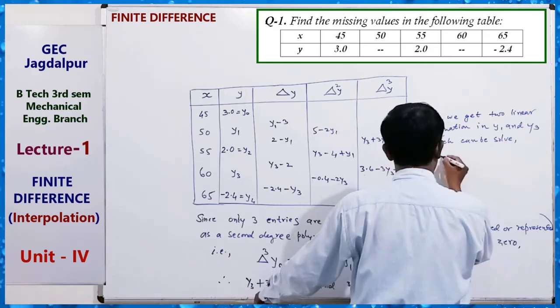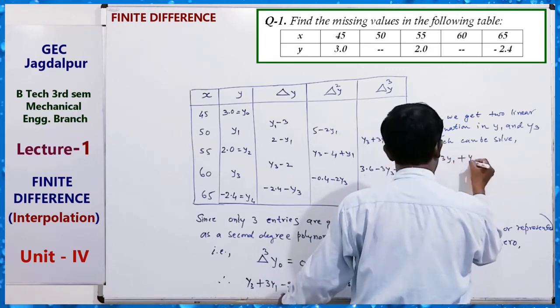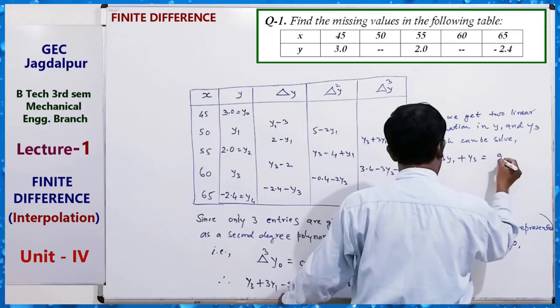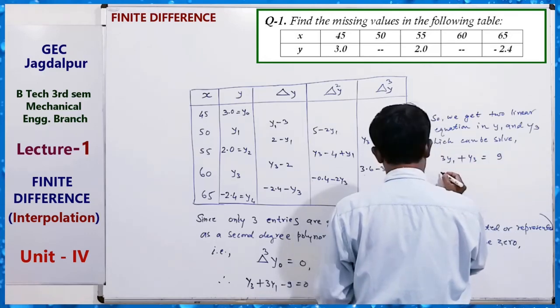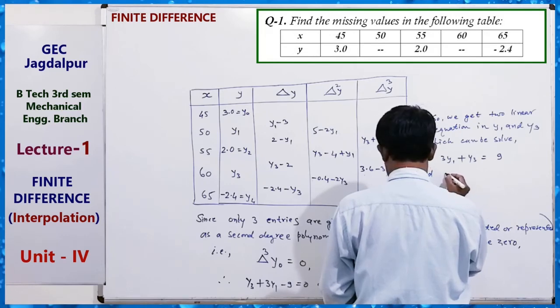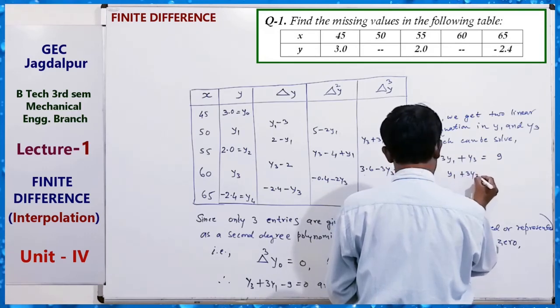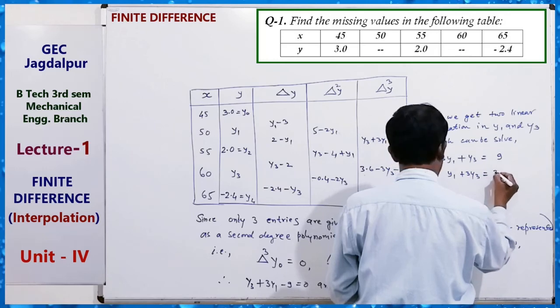Here, 3y1 plus y3 equals 9, and y1 plus 3y3 equals 3.6.